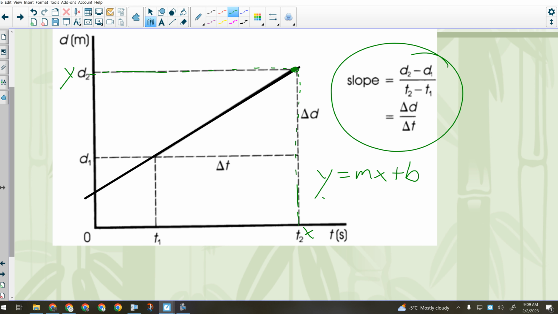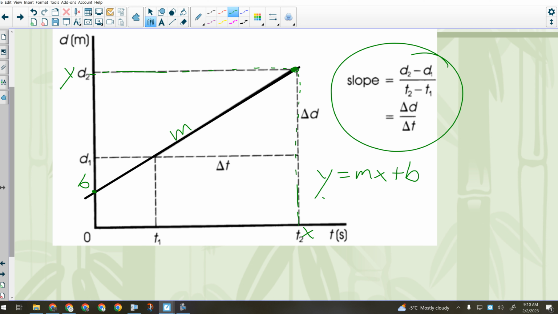And this would be x. Okay, everyone with me so far? All right. What's this one called? Y-intercept? It's the y-intercept. What part of the equation represents the y-intercept? B. Okay. B is the value of y when x is 0. Okay. And then m is the slope.